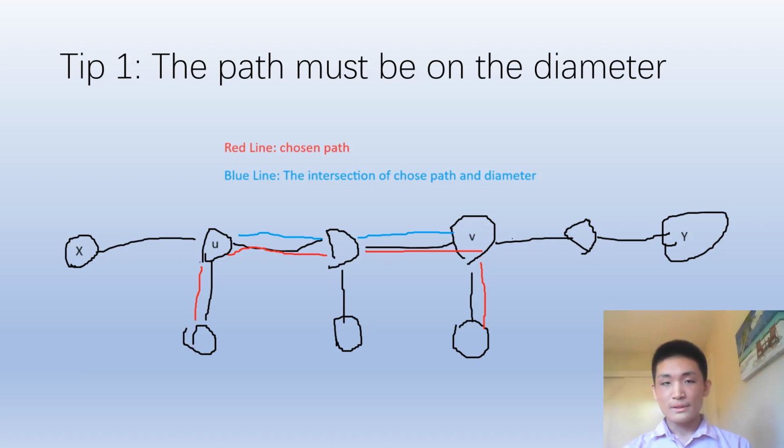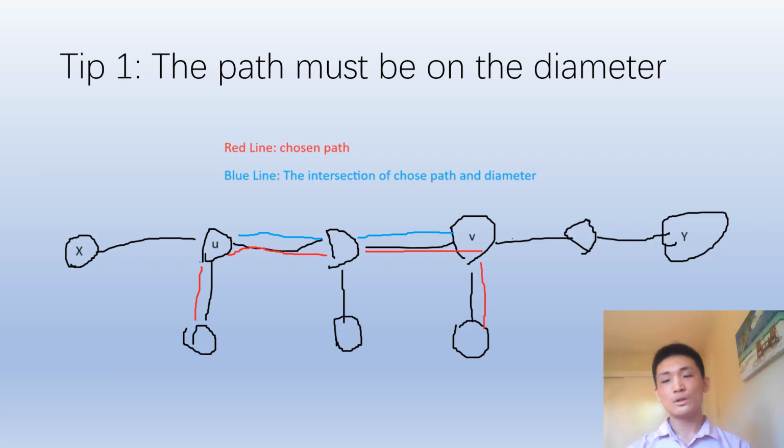However, since they are not on the diameter and the diameter is x to y, we can claim that the distance between node U and any node in the subtree of U is less than or equal to the distance between node U and x. Similarly, the distance between node V and any node in the subtree of V is less than or equal to the distance between node V and y.